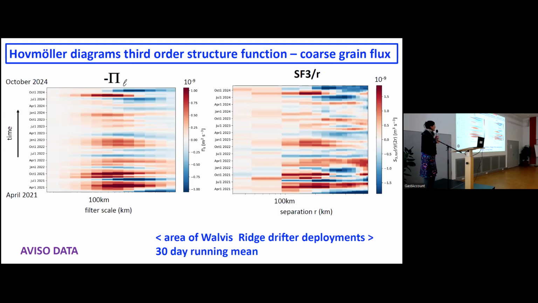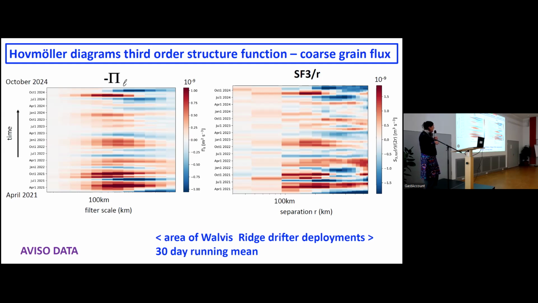And then the last plot is where you can also calculate from the same data sets the coarse-graining flux. What you see here is the Hovmöller diagram, where we did it for a few years, for the region where the surface drifters were deployed. And what is quite striking is that the pattern of this coarse-grained flux is very similar to this very simple scaling of the third order structure function.